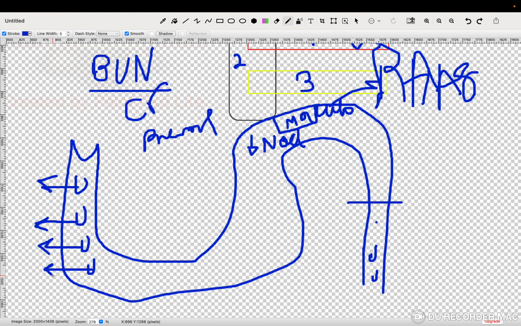The blood urea nitrogen is how much nitrogenous material you have inside of your blood. Urea is a nitrogenous material. So when you have more urea reabsorption, it is getting reabsorbed into your blood. So what is going to happen to your BUN? Is it going to be up or down?